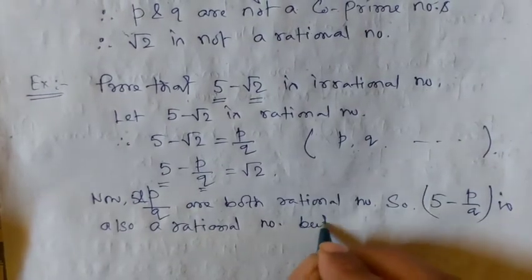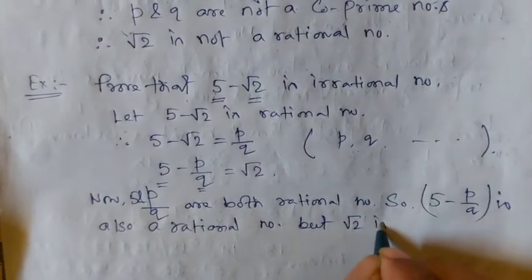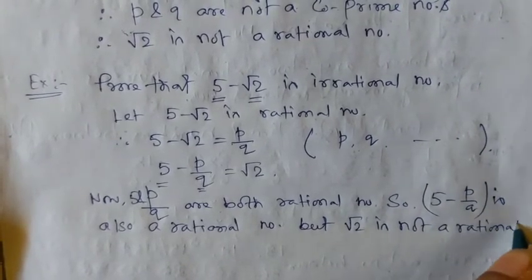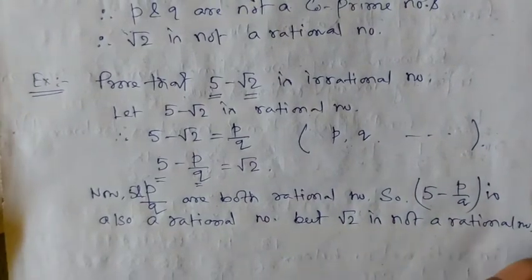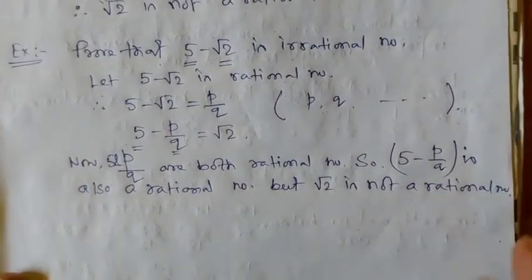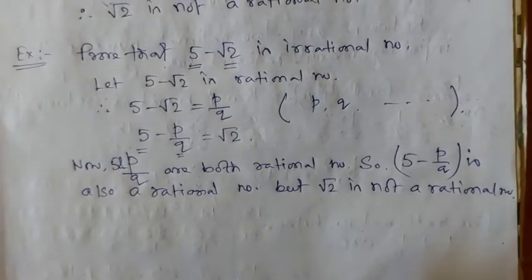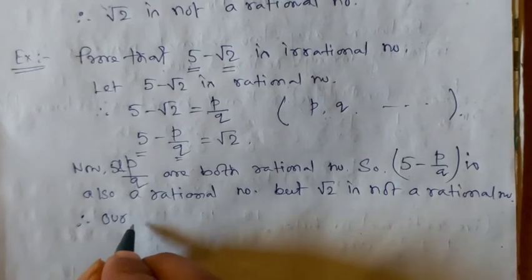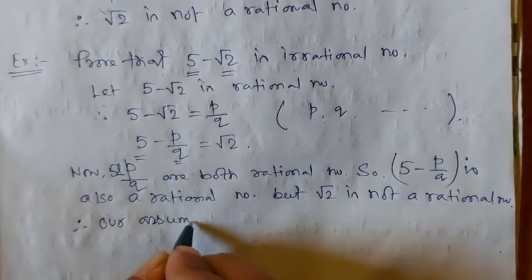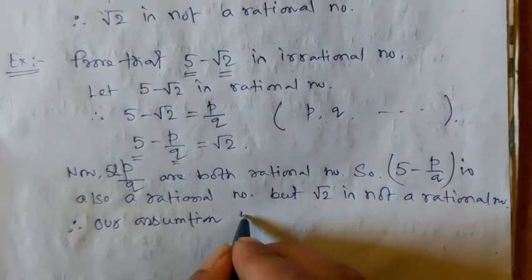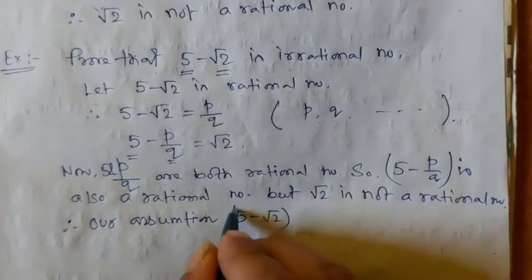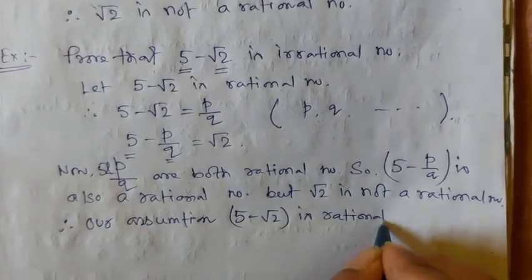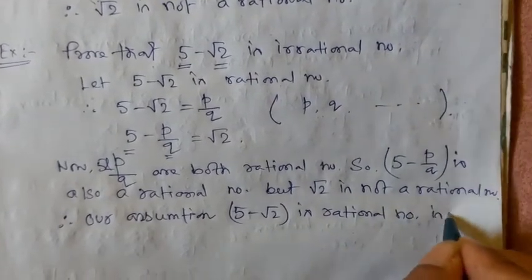but root 2 is not a rational number, because root 2 is an irrational number. So that's why we can say that, therefore, our assumption that 5 minus root 2 is a rational number is wrong.